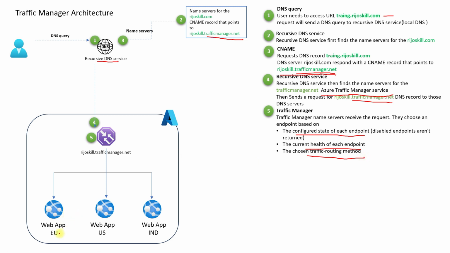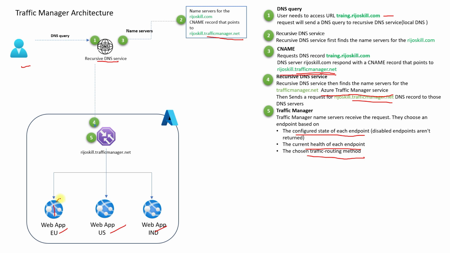Here you can see that you have three endpoints, web apps, and each web app has a different DNS name. For example, if the Traffic Manager finds the user is nearer to the EU, East Europe, it will return that endpoint's DNS.